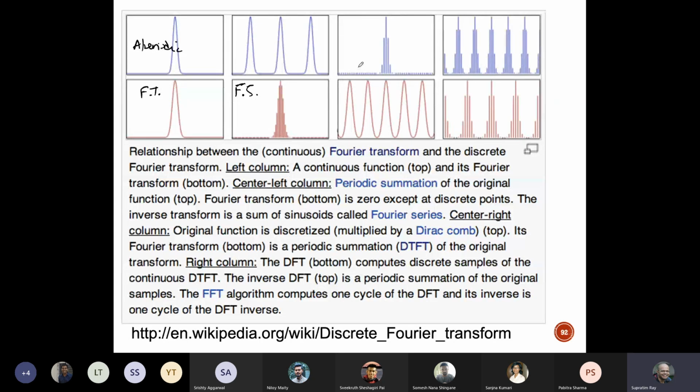Now, if I discretize the original aperiodic signal, I can take its DTFT, which will be a continuous function with a period of 2 pi.